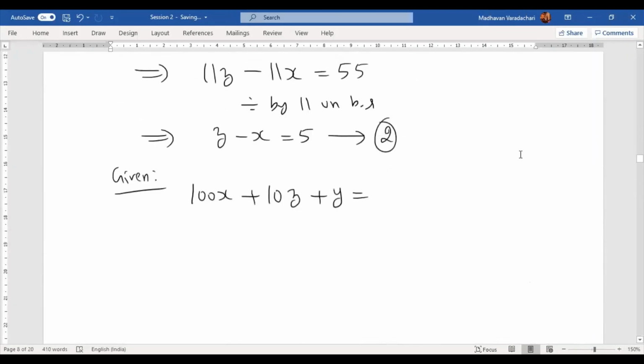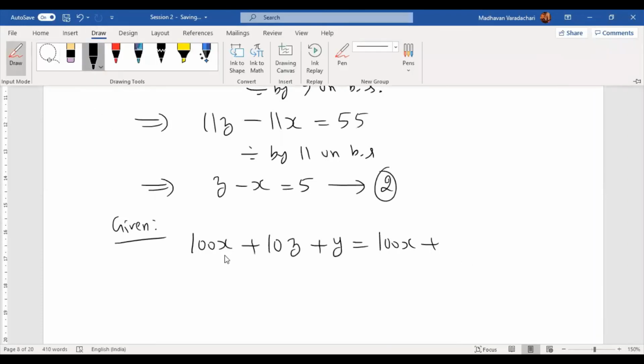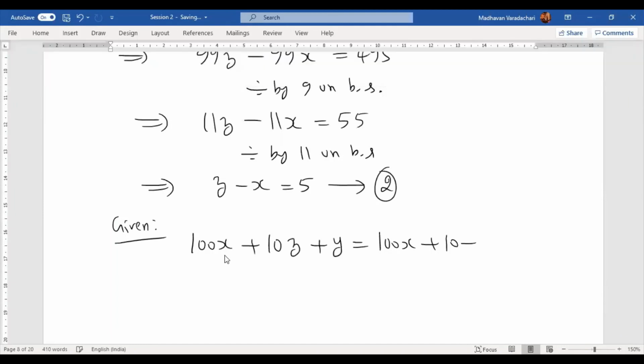This means 100x plus 10y plus z, and that number is getting increased by 36.